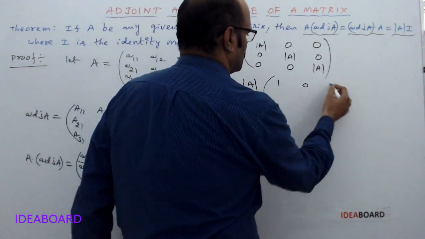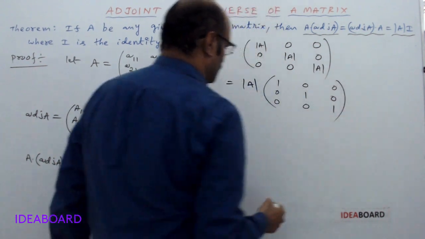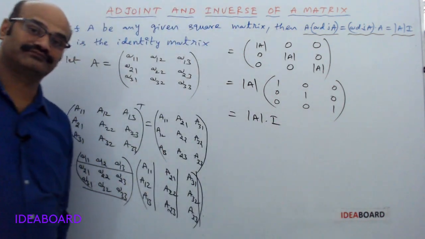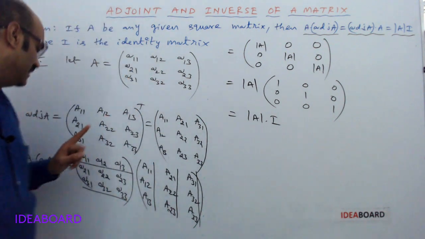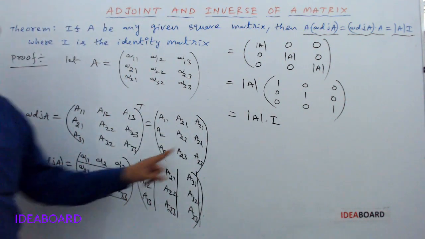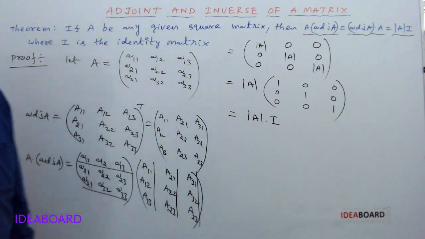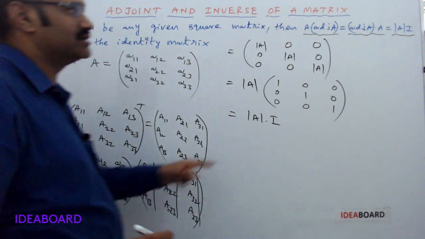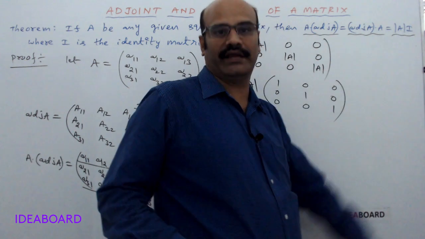Then we have 1 0 0, 0 1 0, 0 0 1, so we have det A into I. So we always get A into adjoint of A equals det A into I. This is the property. Similarly, we can say that adjoint of A into A is also equal to det A into I.